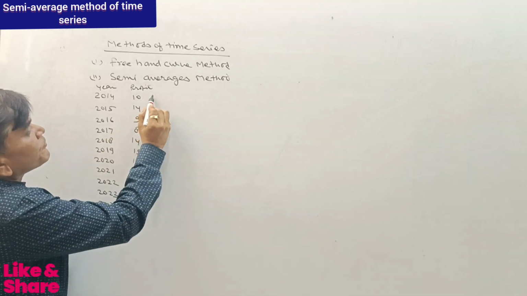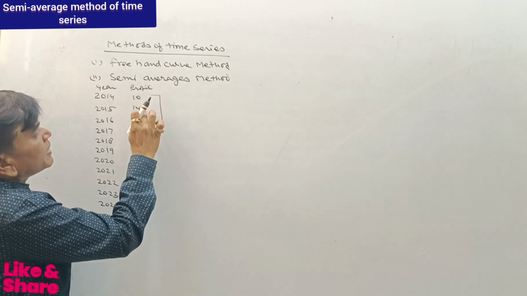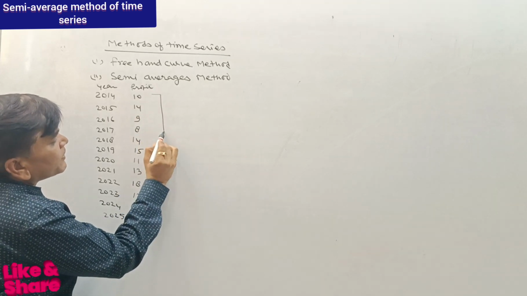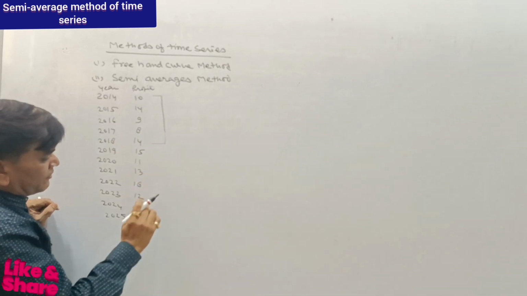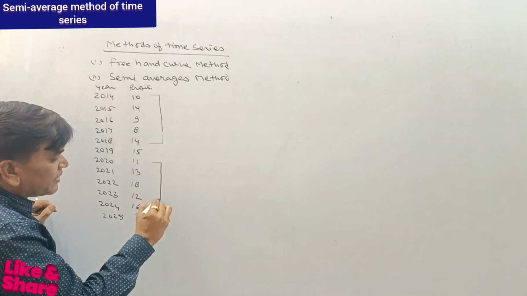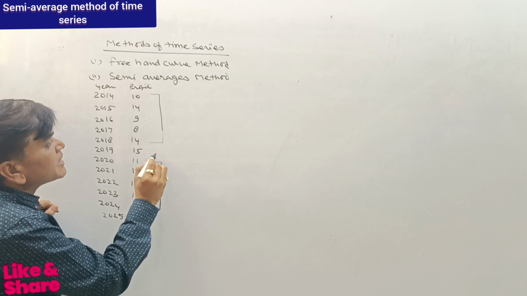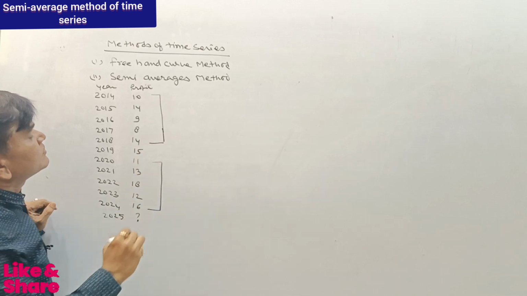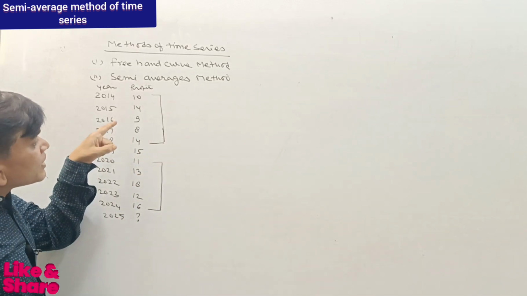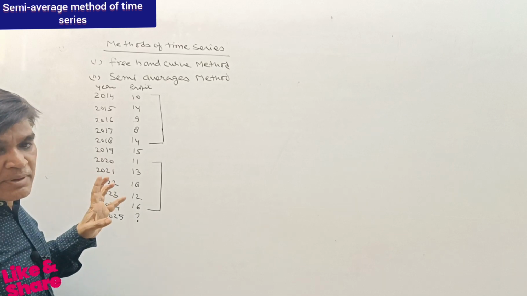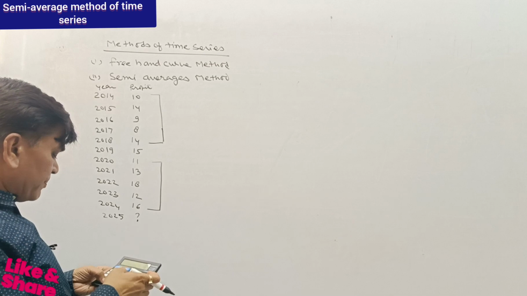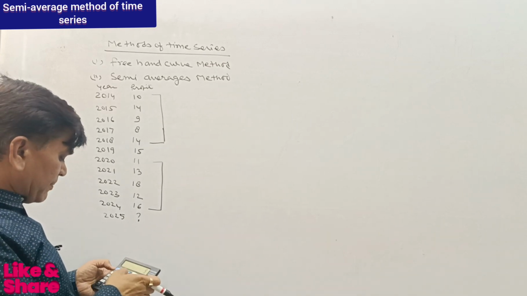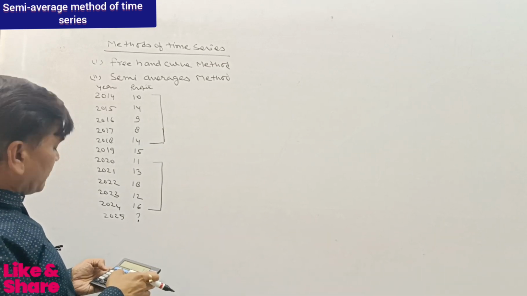So we take the first 5, 1 2 3 4 5, and calculate their average, and for the last 5 we also take the average. That is called the semi-average method. We will forecast on the basis of these averages. First, the average is 10 plus 14 plus 9 plus 8 plus 14.